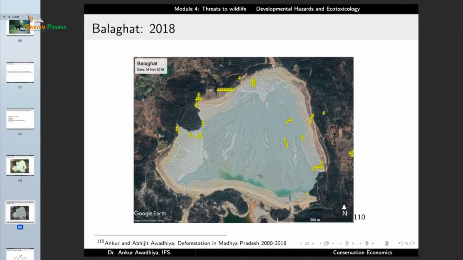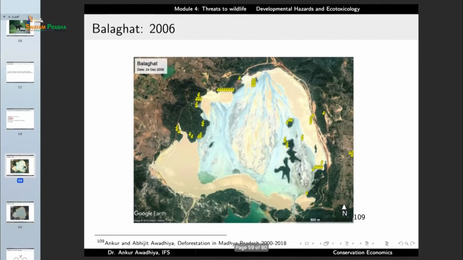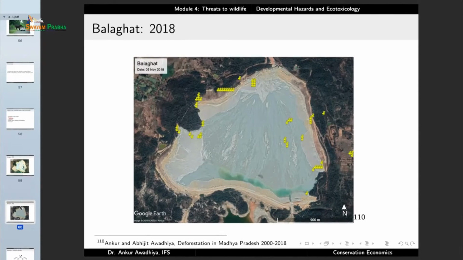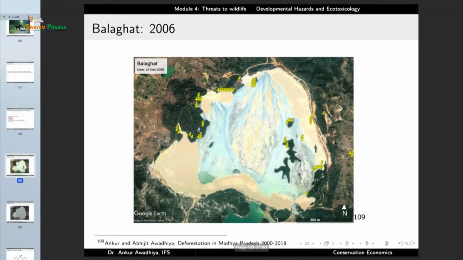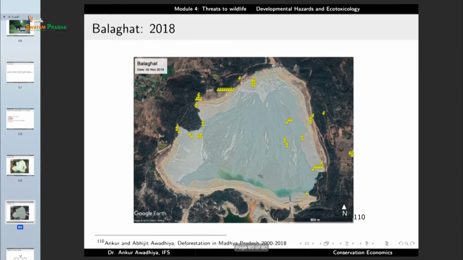This is another image from 2018. If you concentrate on this area, we had trees here in 2006, and in 2018 these trees are gone. Similarly, in this section, we have trees till this line in 2006, and by 2018 these trees are gone.